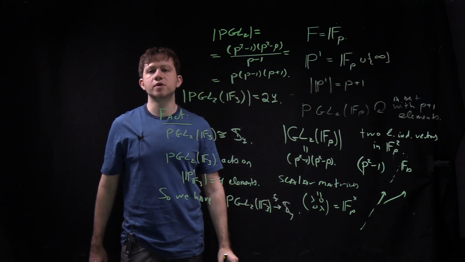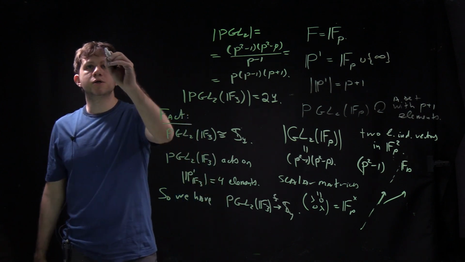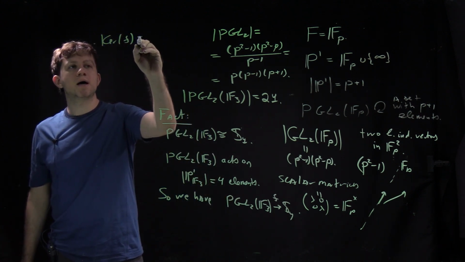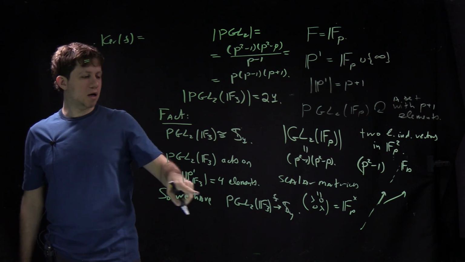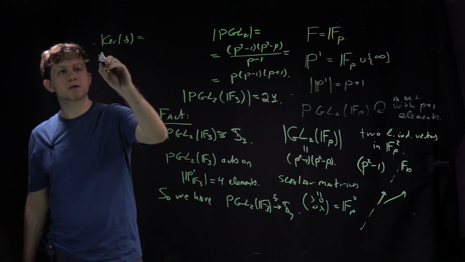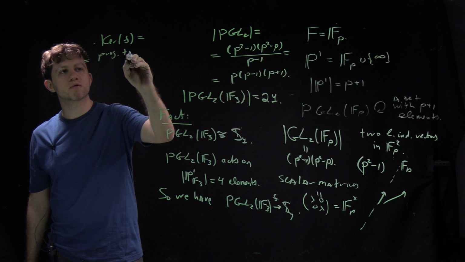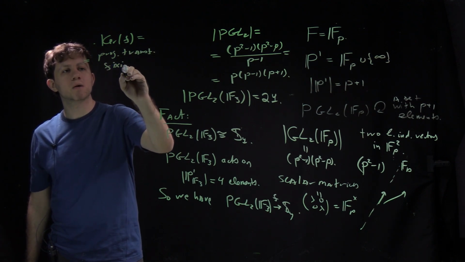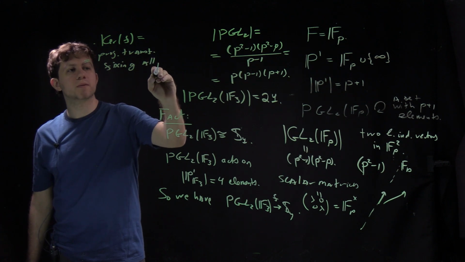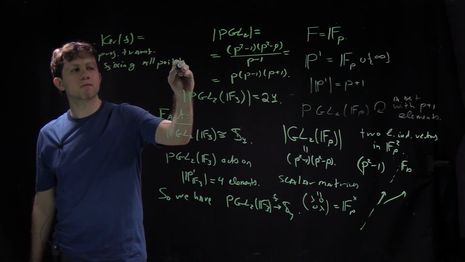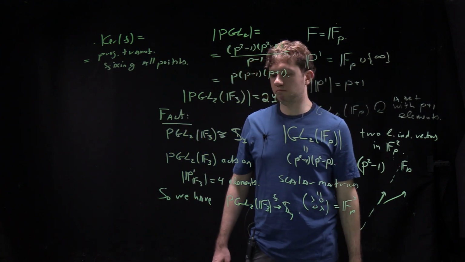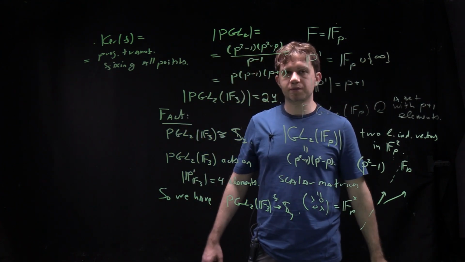And then there are two different ways to show it's bijective. So one, you can look at the kernel of F, and these are projective transformations fixing all 4 points.